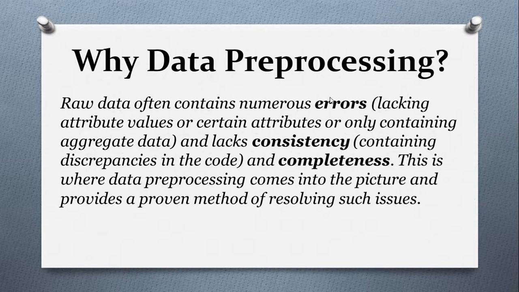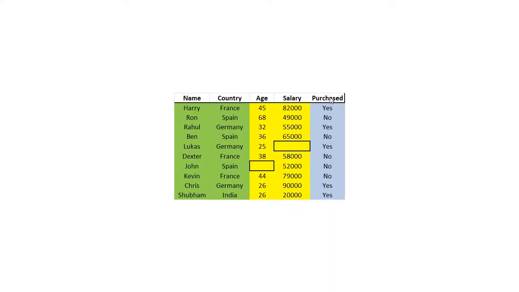It can be a table, or it can be an image, or it can even be a paragraph containing certain information. Now this raw data often contains numerous errors. So let's move on to our example once again.